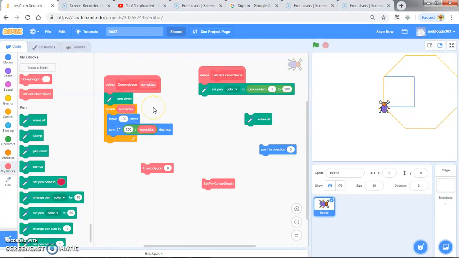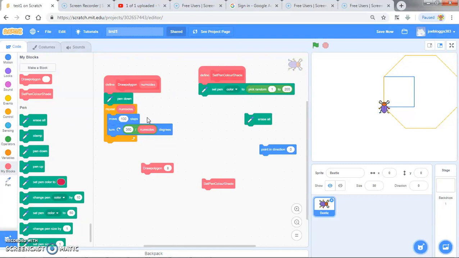Now I asked you to do a polygon block where it wasn't just the number of sides, it was the side length as well. So you've got two inputs, the number of sides and the length of the side.